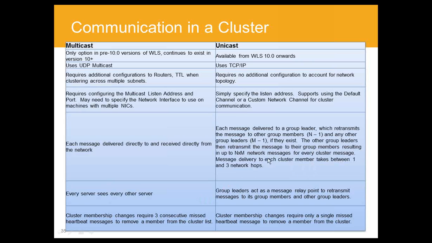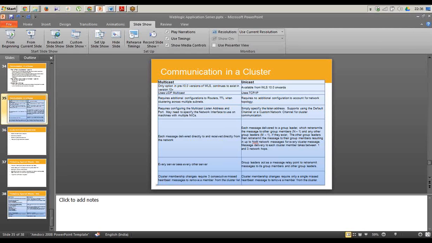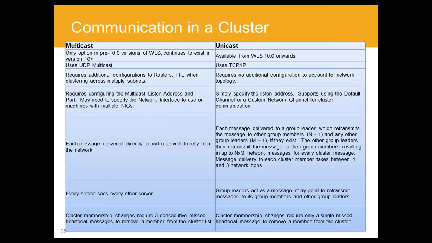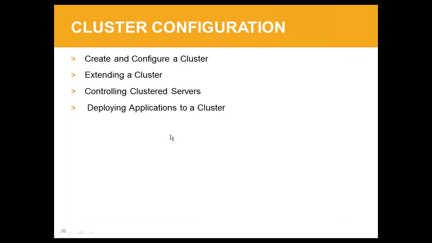In unicast, the group leaders manage the communication between the other managed servers. So it's less chaotic. Each one is not connecting to each one but only to the group leader for updates. That creates less traffic and less congestion in the network. That is the main purpose of unicast and multicast communication.